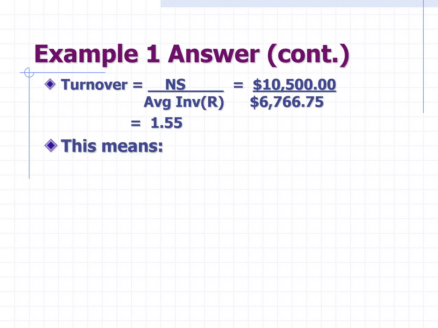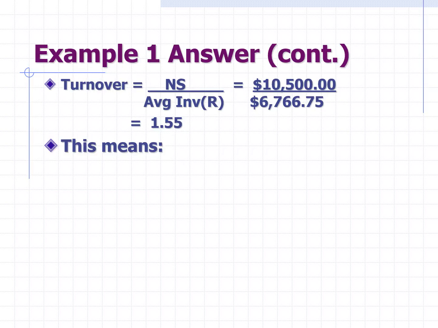Okay. I said before that calculating turnover is pretty easy, but how to interpret the meaning of the turnover is even more important, right? So now that we have calculated the turnover of 1.55 for the given setup, the example problem, okay, then what does that actually mean?